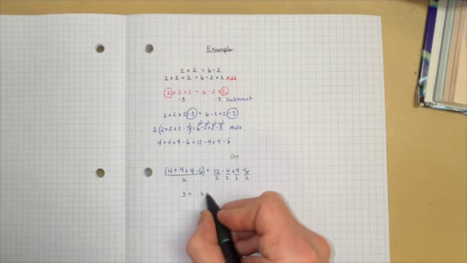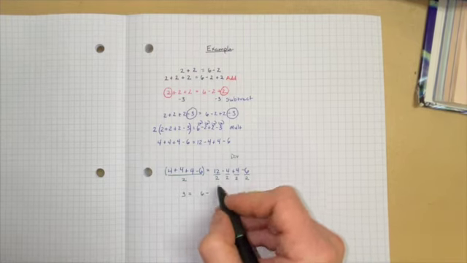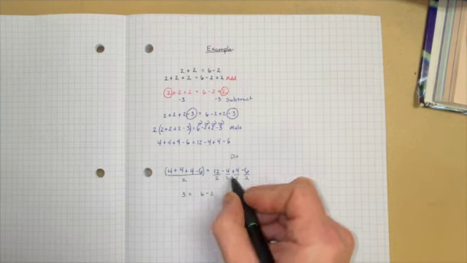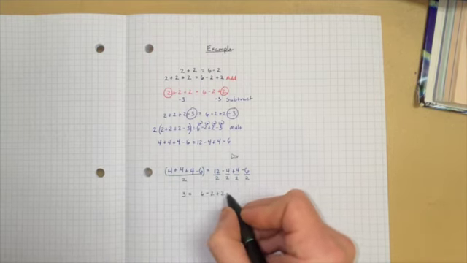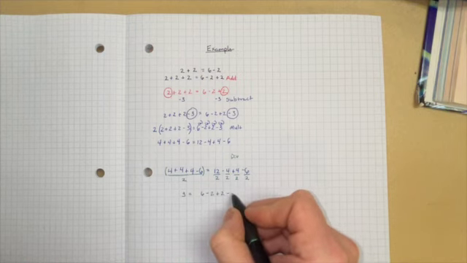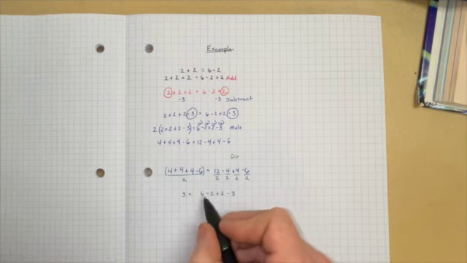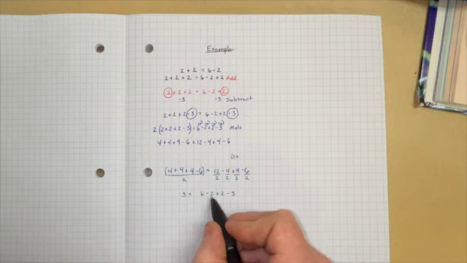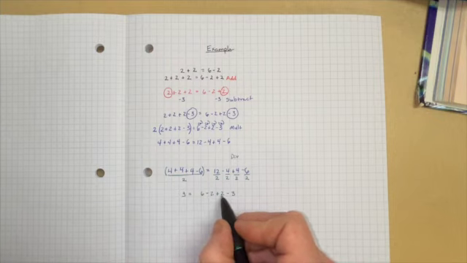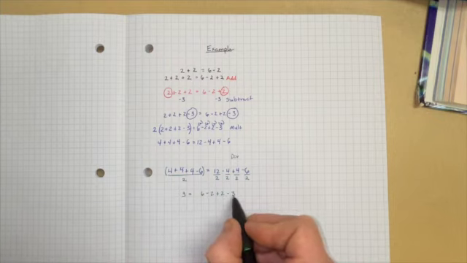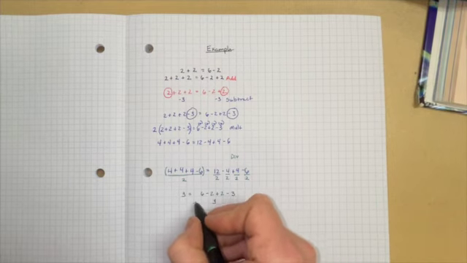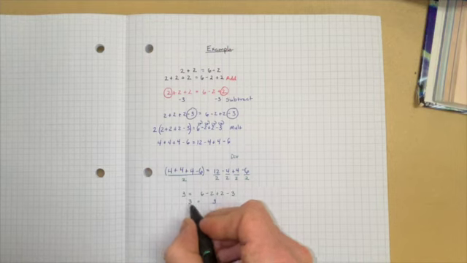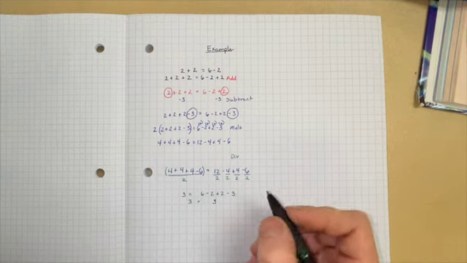Minus 4 divided by 2 is 2, plus 4 divided by 2 is 2, minus 6 divided by 2 is 3. 6 minus 2 is 4, plus 2 is 6, minus 3 is 3. Three is equal to 3.